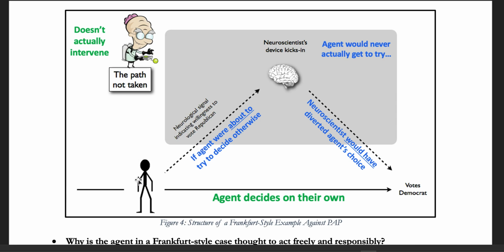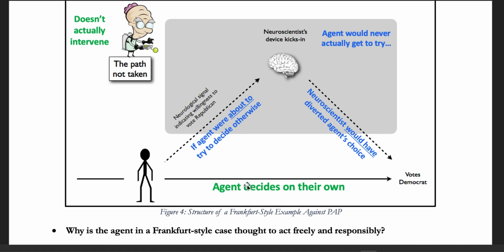And the same with a neural process: they're deliberating, they could start another neural process where they're about to decide to do B, decide to vote Republican. But you don't have an intervention at that point. The intervention already took place. The neuroscientist snuck in beforehand and put a little block in his brain so that if he does this neural process, it's going to get interrupted and blocked at some point and force him to go back this way.